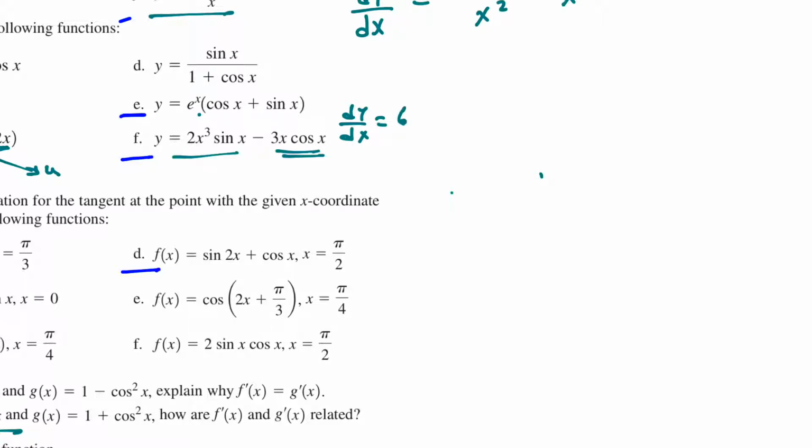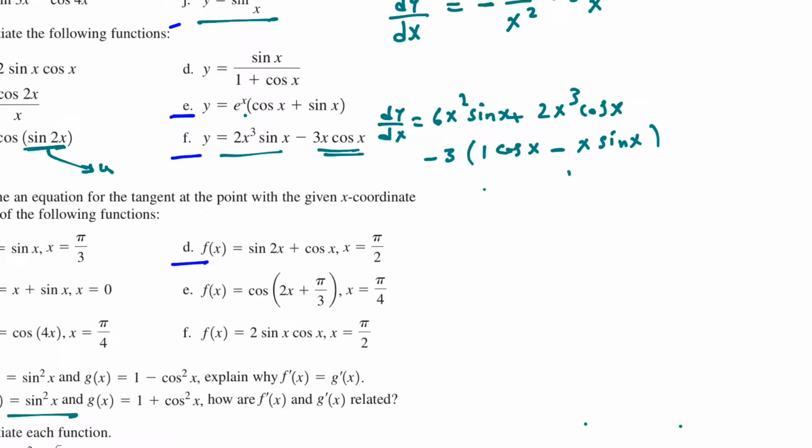Derivative of 2x^3 is 6x^2 times sine of x plus derivative of sine of x times 2x^3, which is cosine of x times 2x^3. We factor minus 3 and we have derivative of x times cosine of x, which is 1 times cosine of x minus sine of x times x.